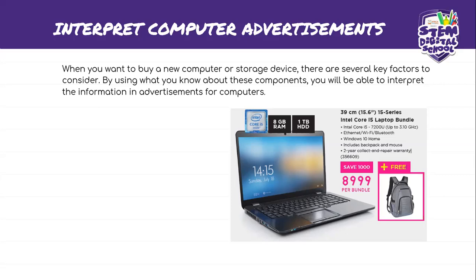Let's see this one. Here is the size of the monitor. Then the CPU, the Intel Core i5 laptop. This is an Intel Core i5, sorry, i5. This is a CPU. It has a speed of up to 3.10.